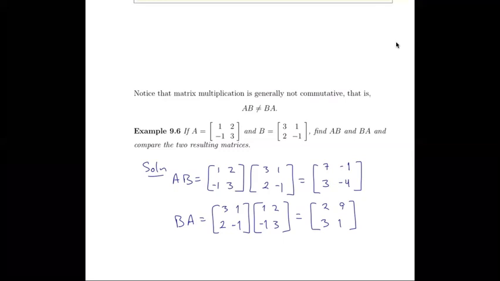An example of a matrix which is commutative, in case you're curious, would be, maybe a little bit boring, the identity matrix times A, which was equal to A, and A times the identity matrix was also equal to A. So here's a commutative pair of matrices, right? I2 times A is equal to A times I2.